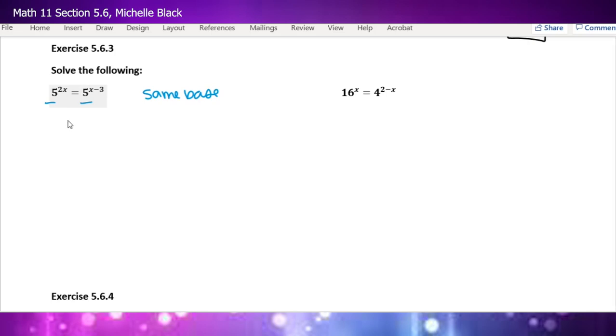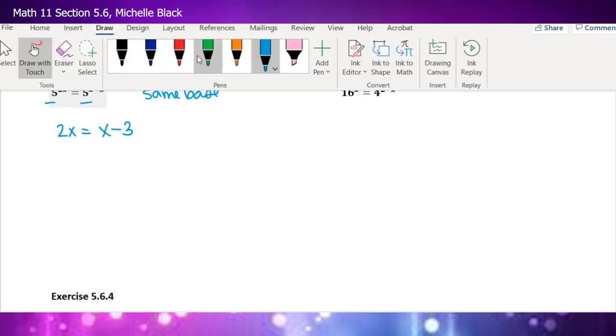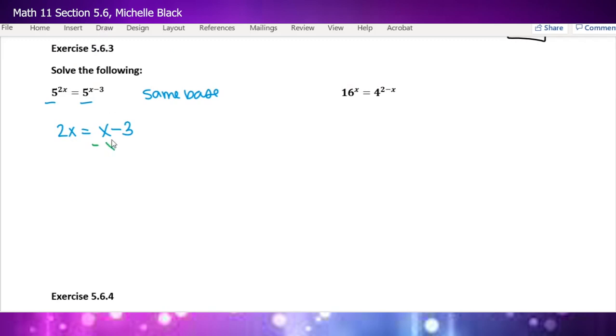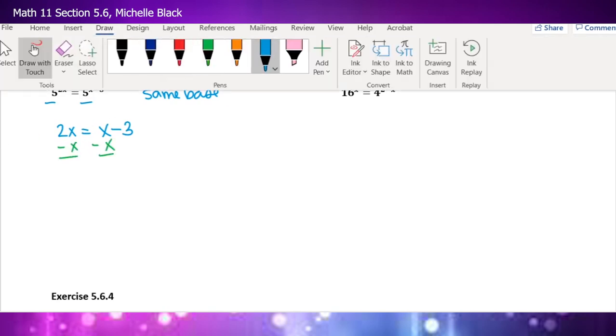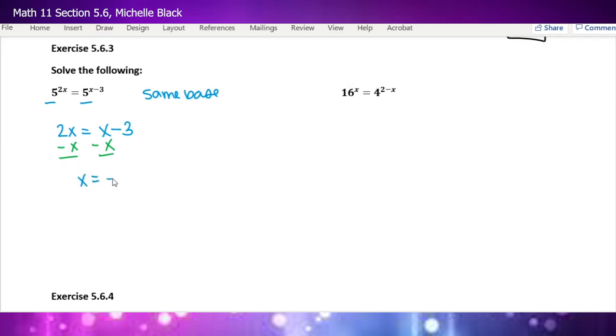So what I can do is I can just set the exponents equal to each other and solve. So let's subtract x to the other side, and I get back x equals -3. And you could check, if you plug in -3, 2 times -3 is -6, -3 minus -3 is -6, so it does say 5 to the -6 equals 5 to the -6.